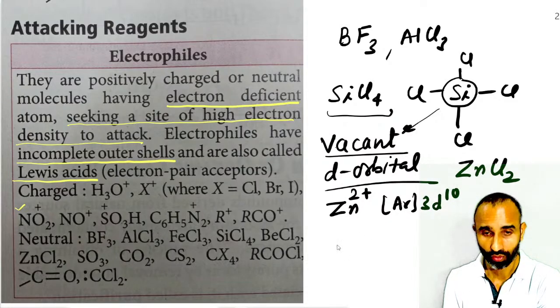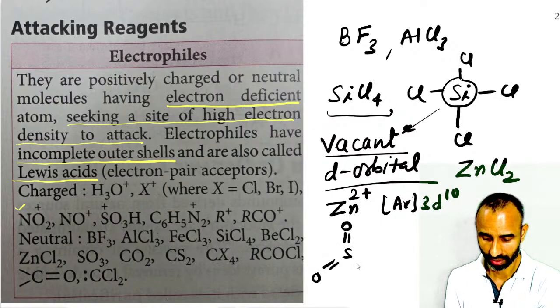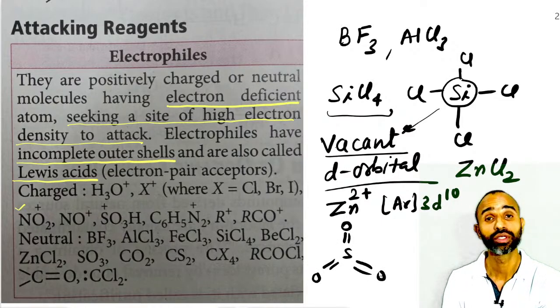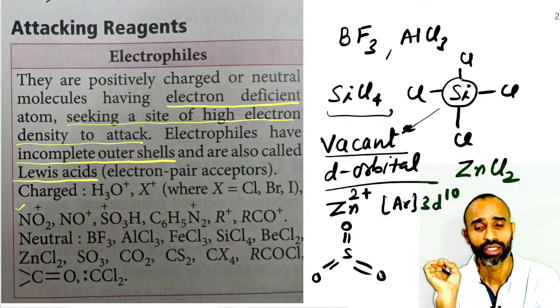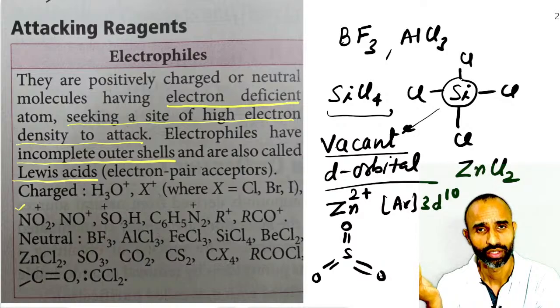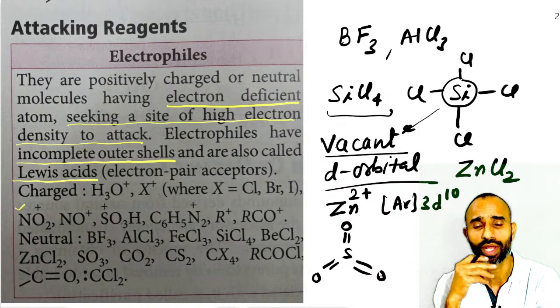If you look at SO3, it has a configuration like this. Or if we form coordinate bonds, sulfur has total valence electrons 6, and it becomes 12.